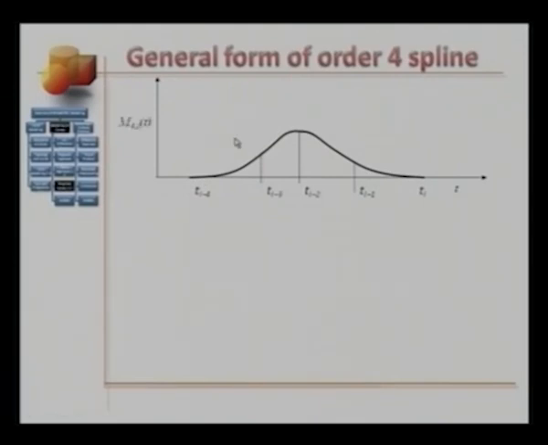Let me nomenclate this spline as M sub 4I. The first index corresponds to the order of the spline. The second index corresponds to the last knot over which this spline function stands. This corresponds to ti right here.